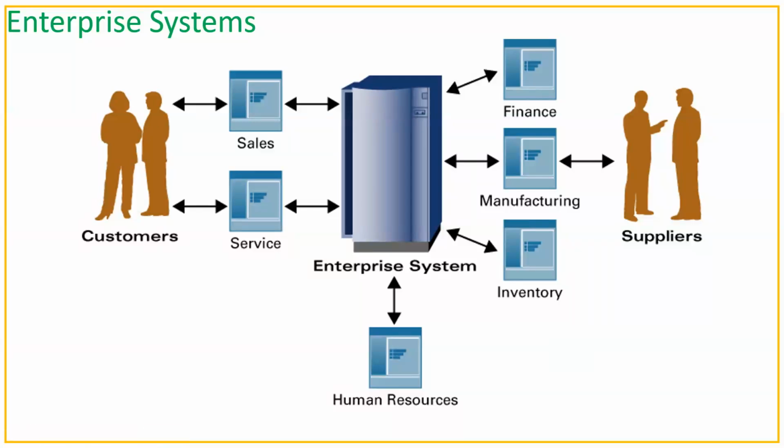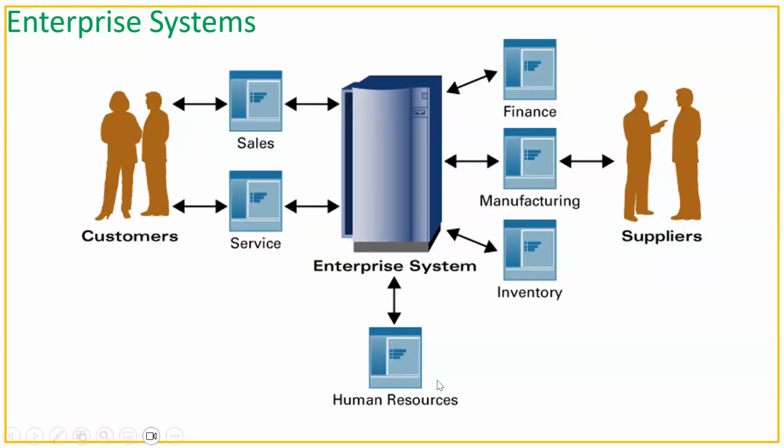Most organizations, corporations or industries have their business architecture almost like this. They have a finance department, manufacturing department, sales department, service department, their customers, and their enterprise IT department, and they have a supply chain.